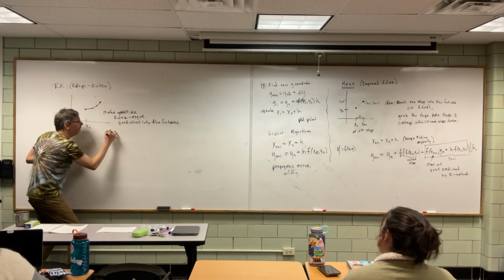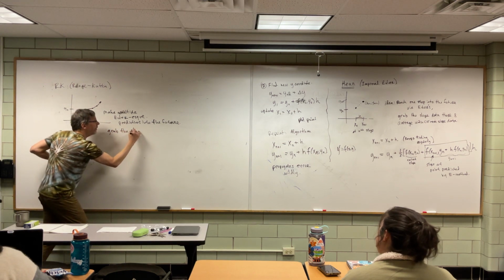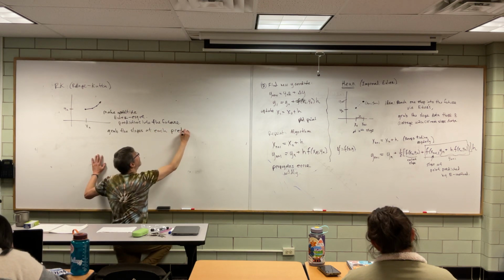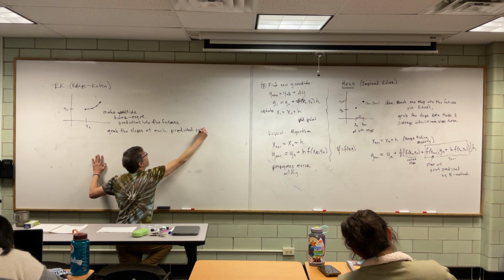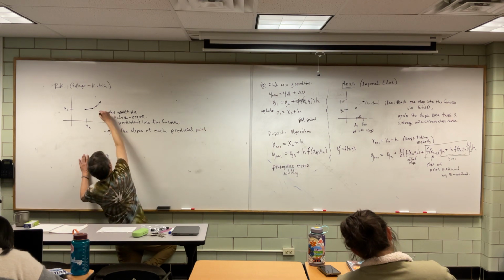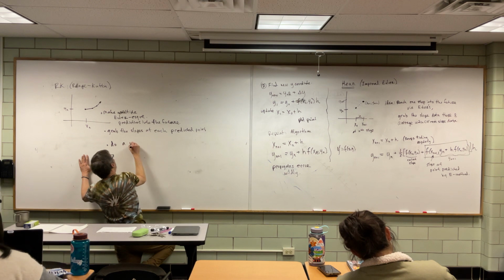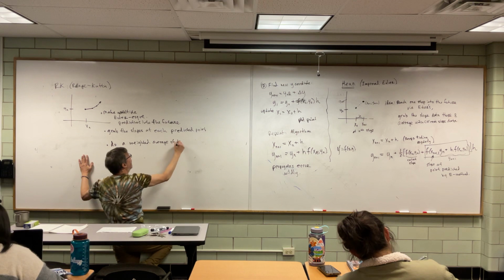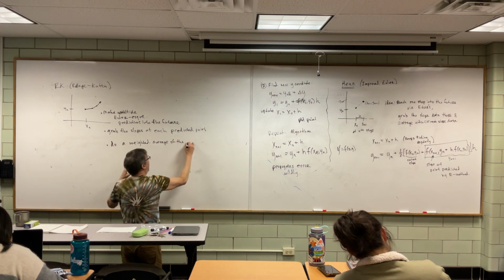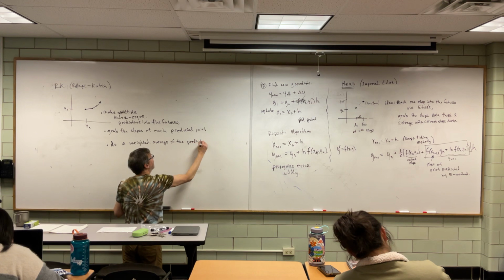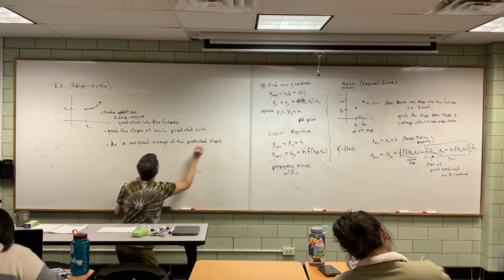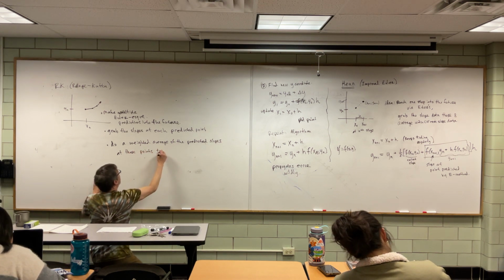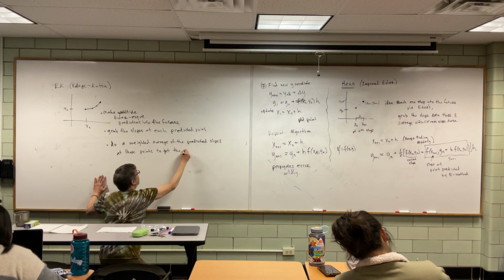Grab all those slopes, the slopes at each predicted point, and then do a weighted average of those predicted slopes to get the slope you'll use.